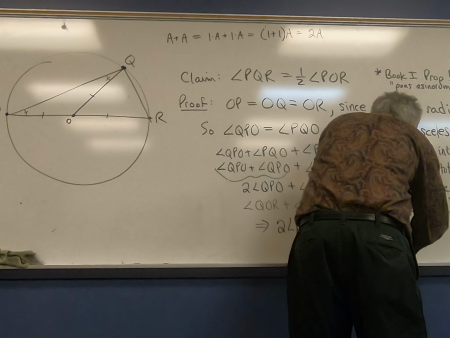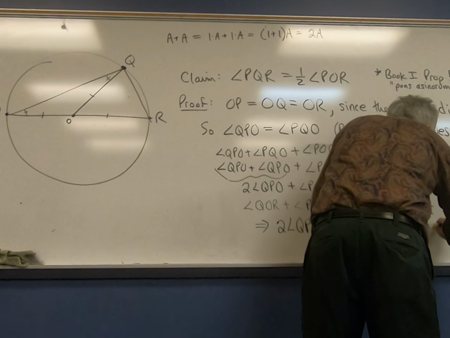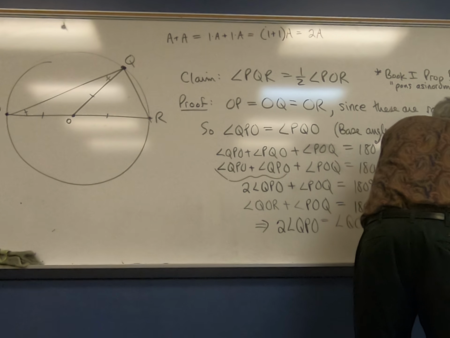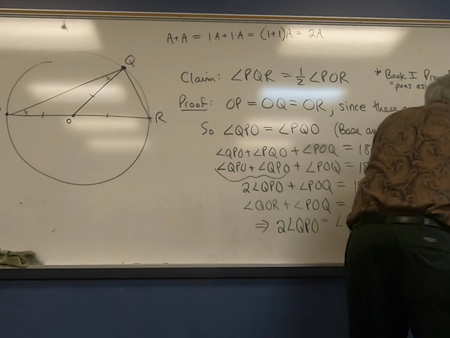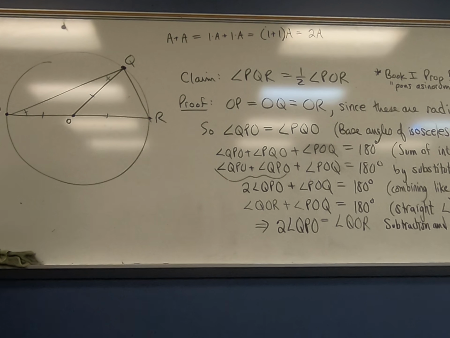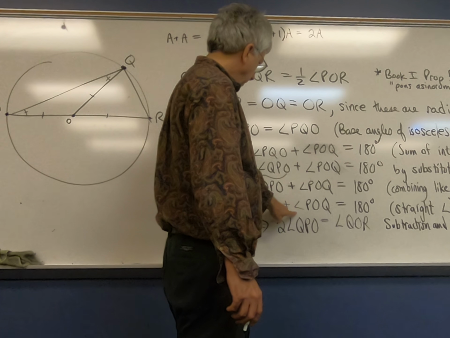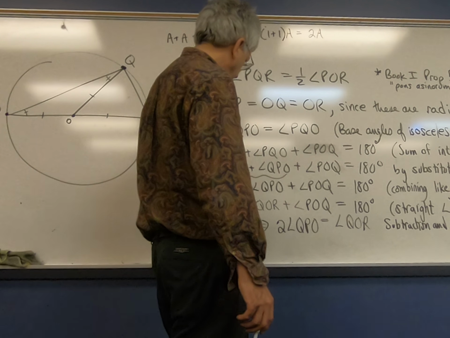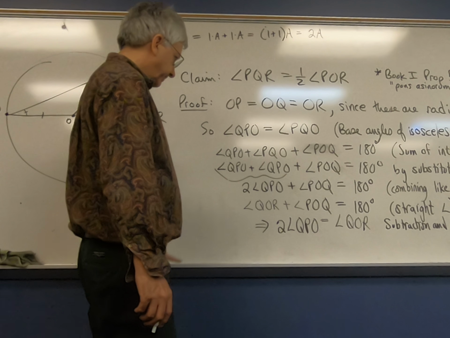So I'm going to say subtraction and transitivity of equality. Things equal to the same thing are equal to each other. So I can subtract POQ from both sides here, then I have 2 QPO is the same as QOR.